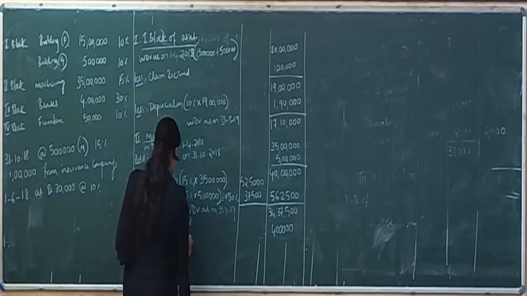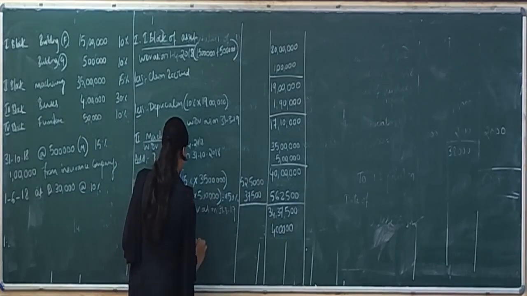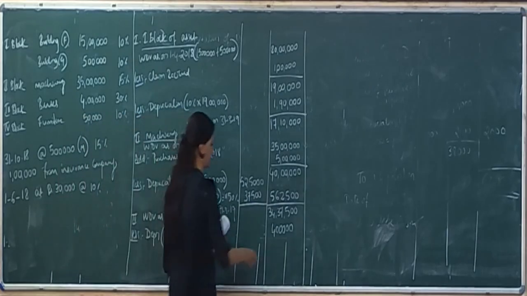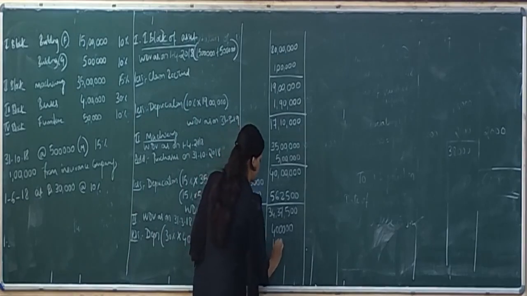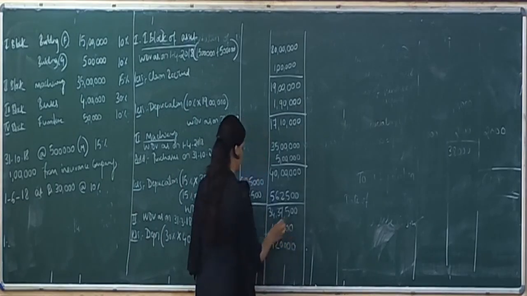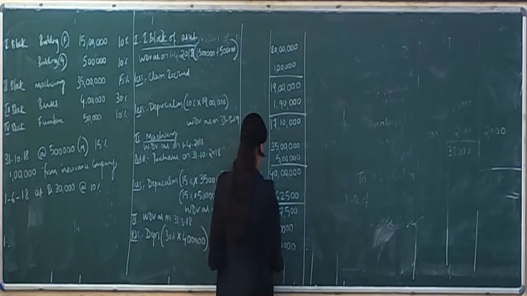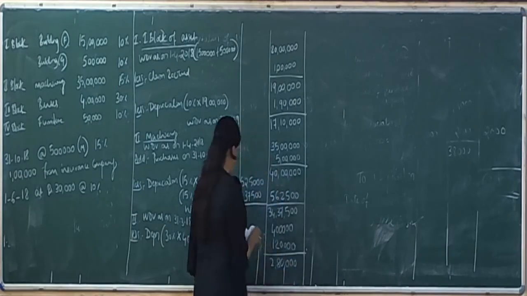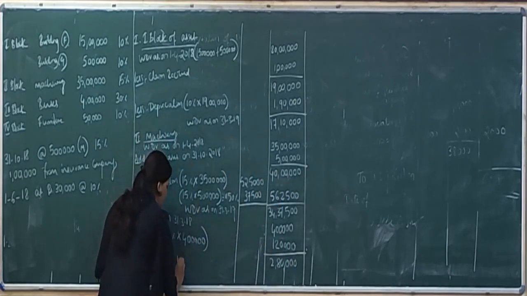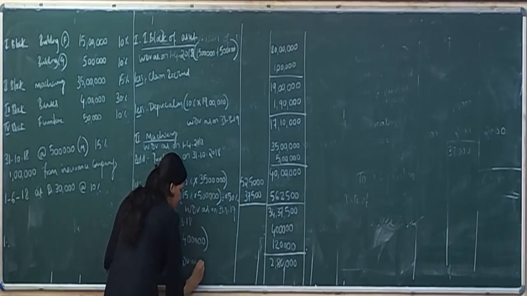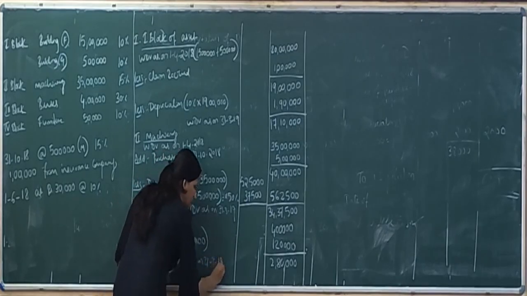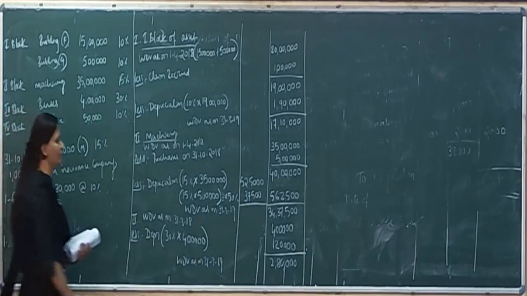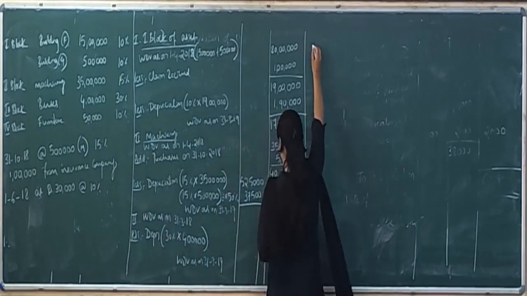So the depreciation rate is 30%. Okay, so that comes to 1,20,000. So 2,80,000 is the written down value as on 31st March 19.